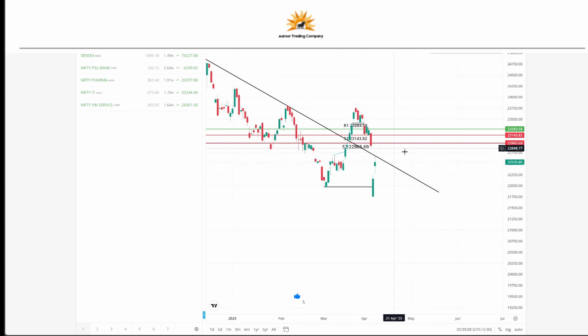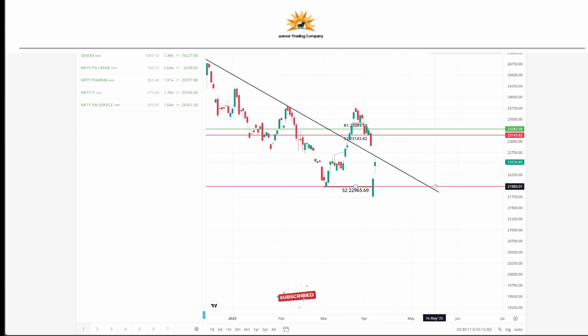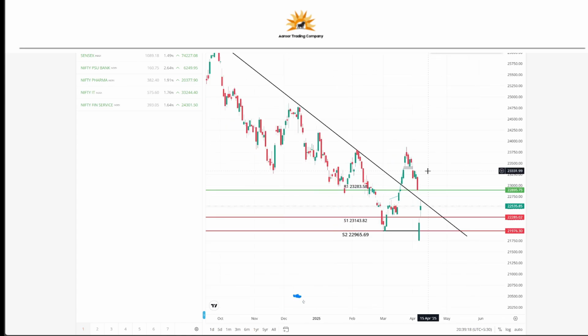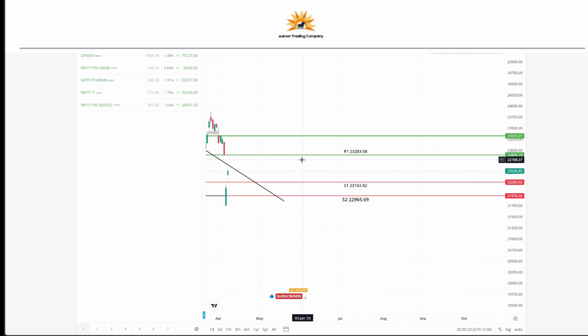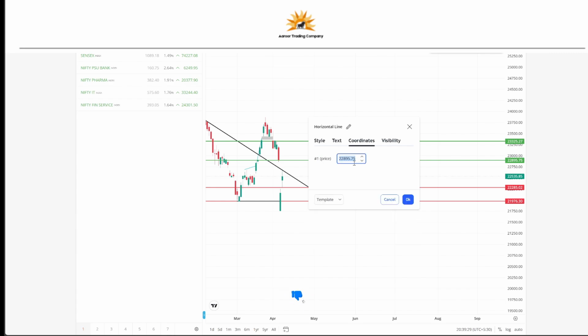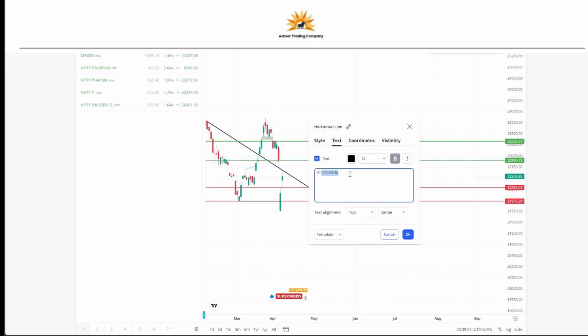Let's look at the support and resistance. I'm marking this as the recent support 2, this one as support 1, this as R1, and further this as R2. For R1, I'm just taking the coordinates: 22,895.